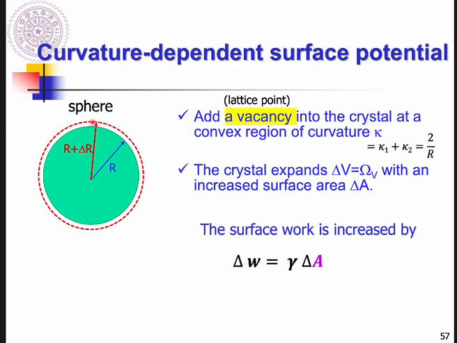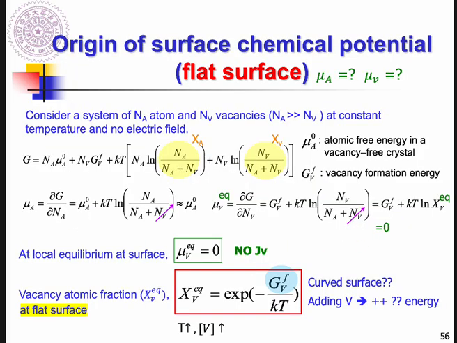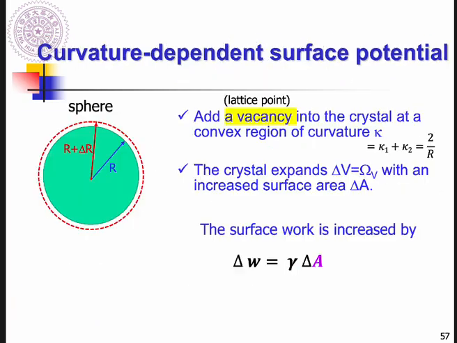I'm more interested in how much extra energy I need to create the vacancy on the curved surface, how much extra work I need to perform, right? So I need to know how much the energy increases when I add a lattice point on the surface of this sphere.